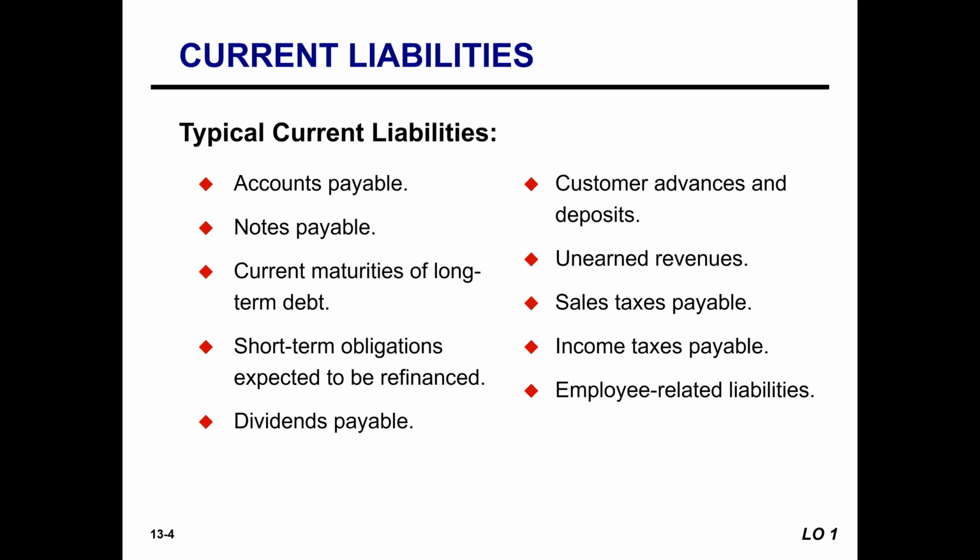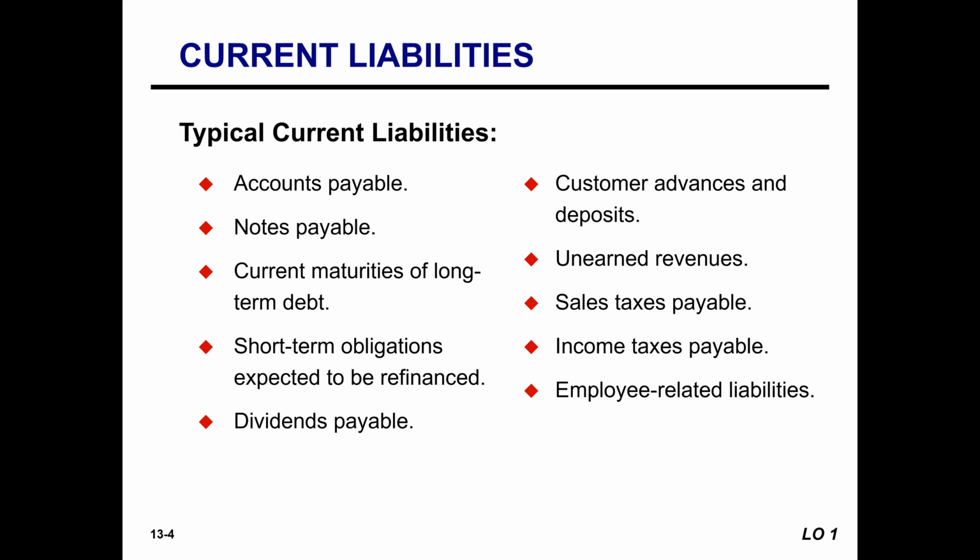So some of these different current liabilities: accounts payable, notes payable, we've gotten practice with both of those before. Current maturities of long-term debt. So this has to do with basically the portion of debt that's due within the next 12 months or within the year. So if you think about a long-term liability like mortgage payable, for example, right?